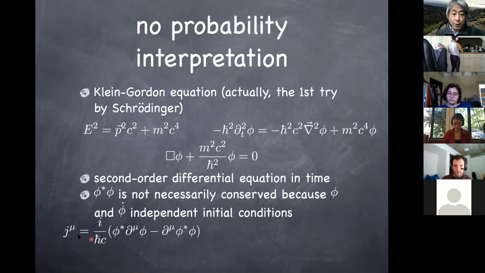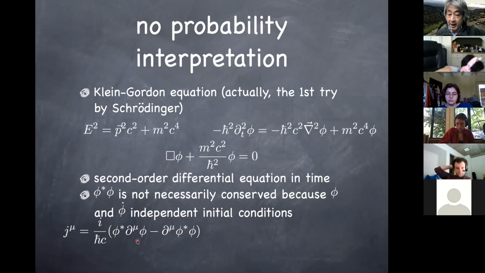And in fact, the only conserved four-current I can come up with, consistent with the Klein-Gordon equation, is this one, which ends up being actually useful as the charge density of this massive particle phi. But this charge density, having this derivative and a minus sign in between, is conserved, but it's not positive definite.